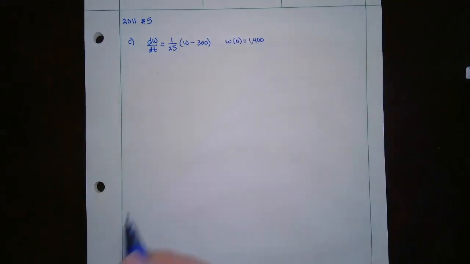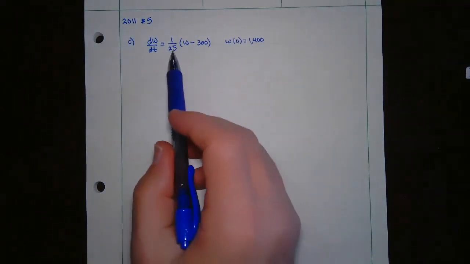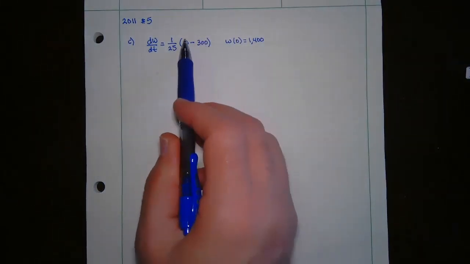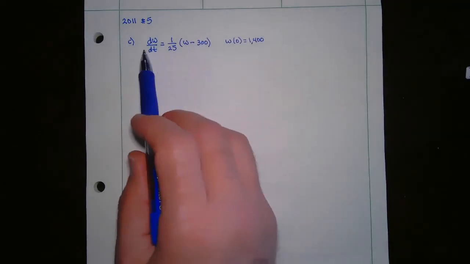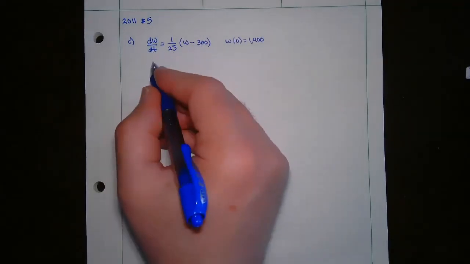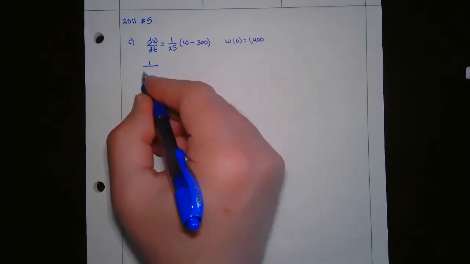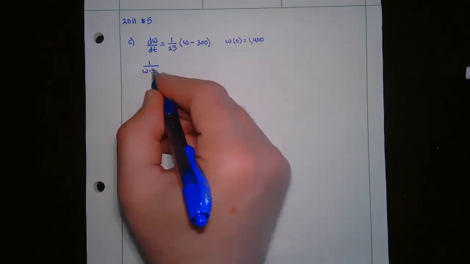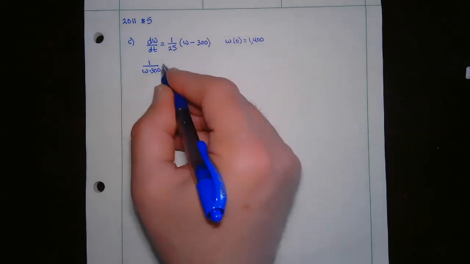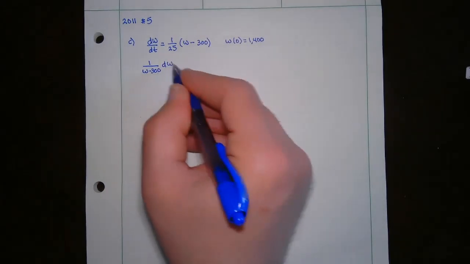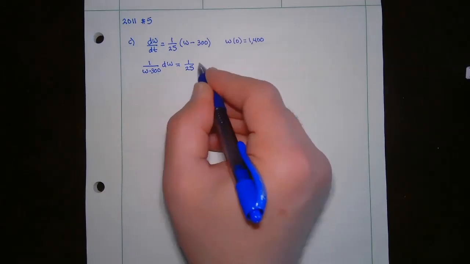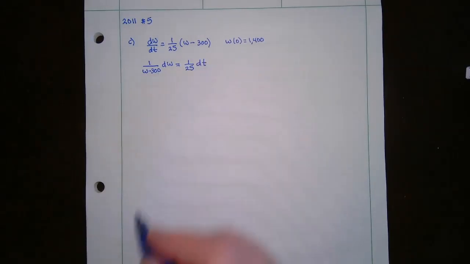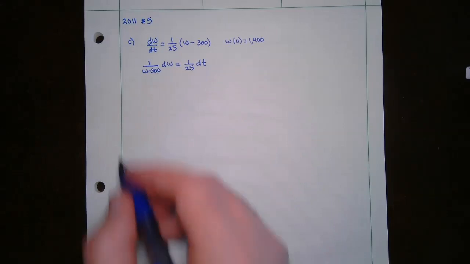This is simply a separation of variables because we have a product here. I can divide both sides by W minus 300 and multiply both sides by dt. So I get 1 over W minus 300 dW is equal to 1 over 25 dt.